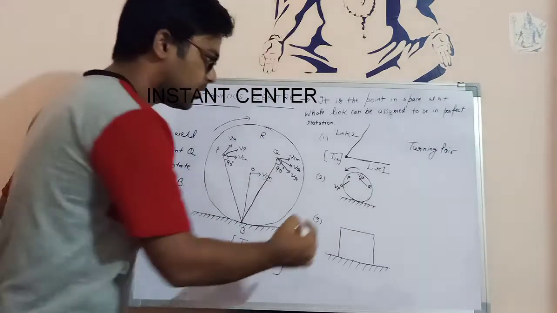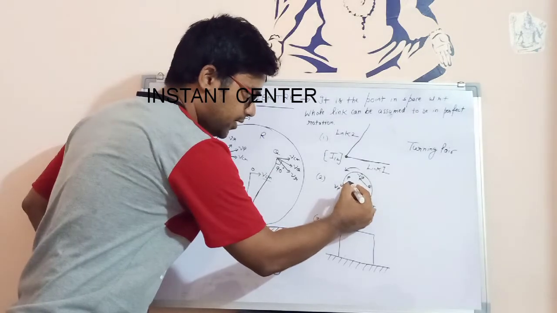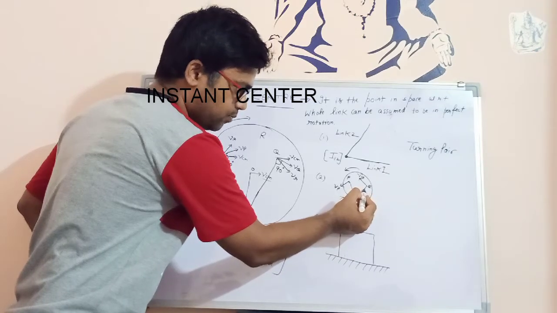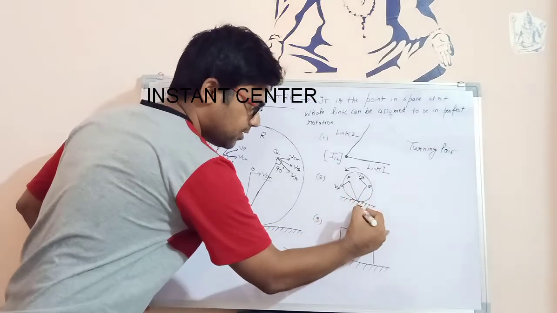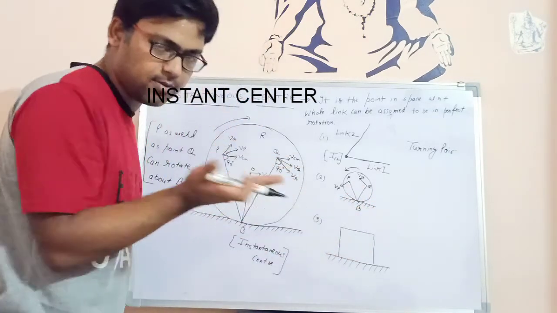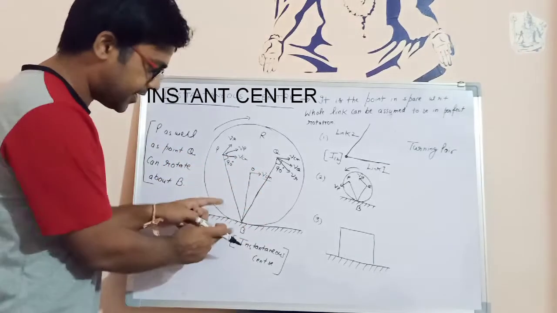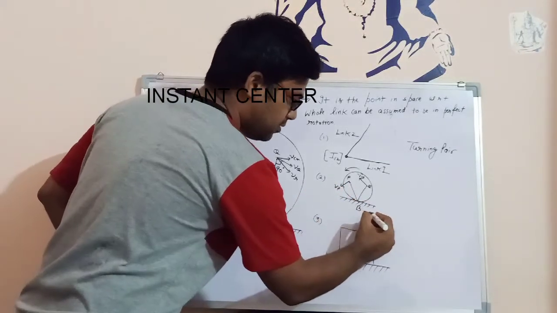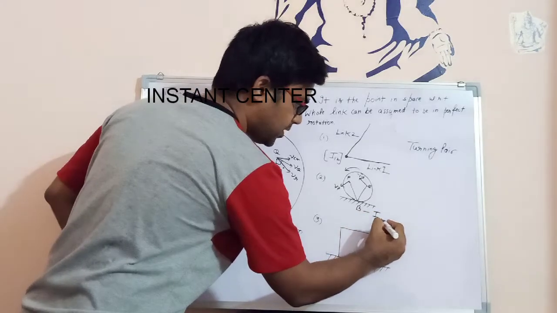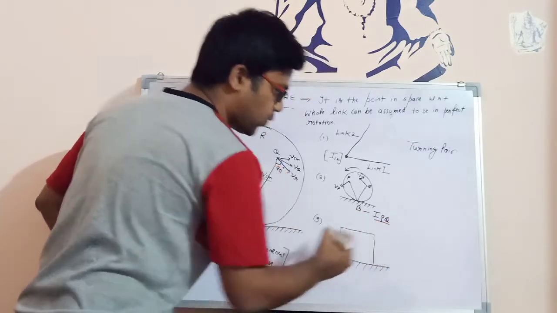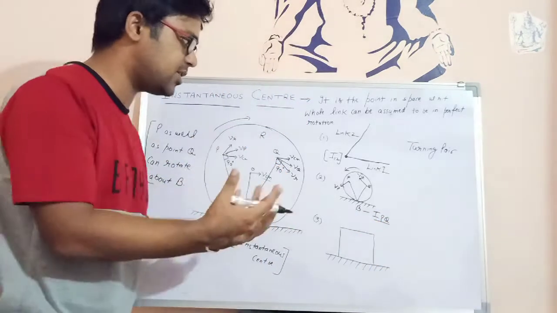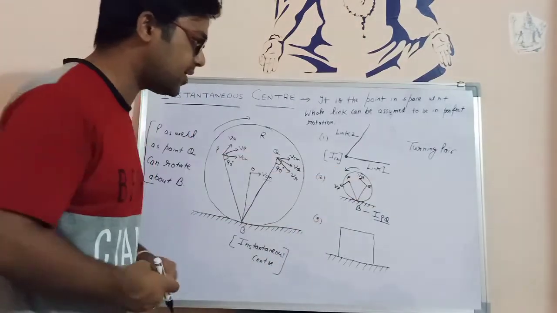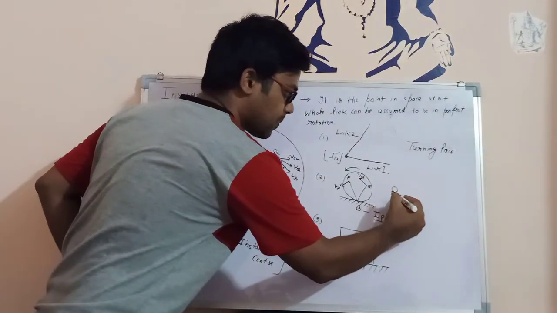So if I draw a perpendicular at this point and I draw a perpendicular at this point, both will meet at the point which is in surface contact with the bottom of it. So in this case, this point B will be my instantaneous center for P and Q. So I can call it IPQ, the instantaneous center of P as well as Q. Clear? So this is the second case, for rolling pair.